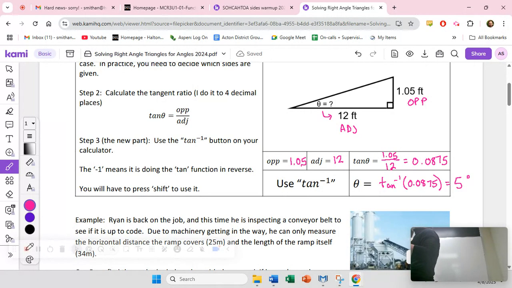5 degrees seems pretty good. I'm going to tour, and if you didn't get 5 or you're unsure, just flag me down, and I will make sure you use your calculator. All good? All right. I am touring, offering help, and nobody is accepting help, so I will just assume. Okay.